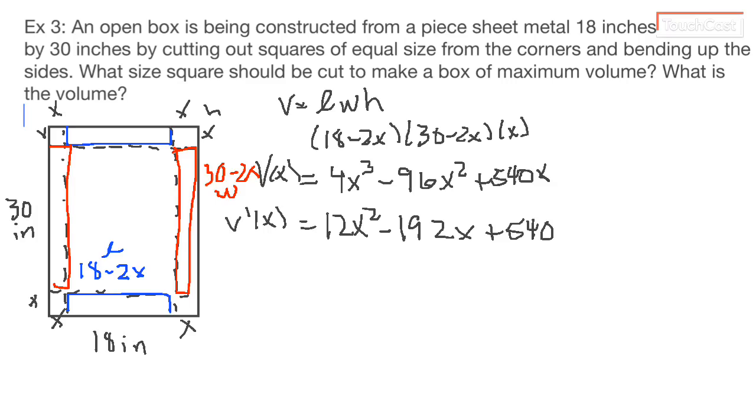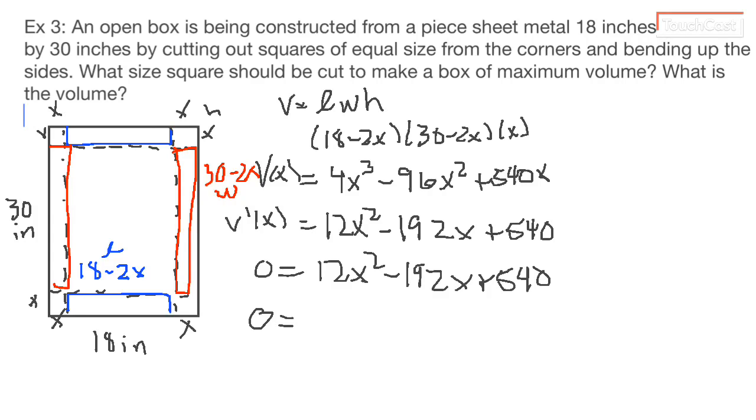Now if we set this equal to 0, we can solve it for x. You can use whatever method you want to solve this quadratic. You could graph it. You could use the quadratic formula. I'm going to factor because I do notice, and it takes a little practice to get here, everything is divisible by 12.